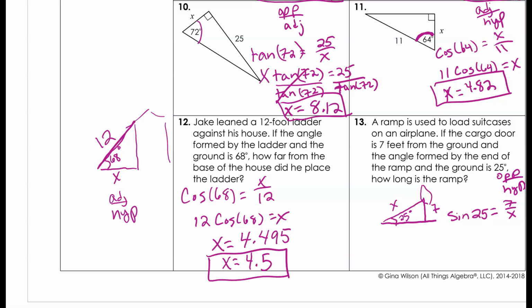Well, I'm going to have to multiply x times sine of 25. That gives me 7. I've got to divide by sine of 25. And I end up with x equals 7 divided by sine of 25 is 16.56. Is the length.